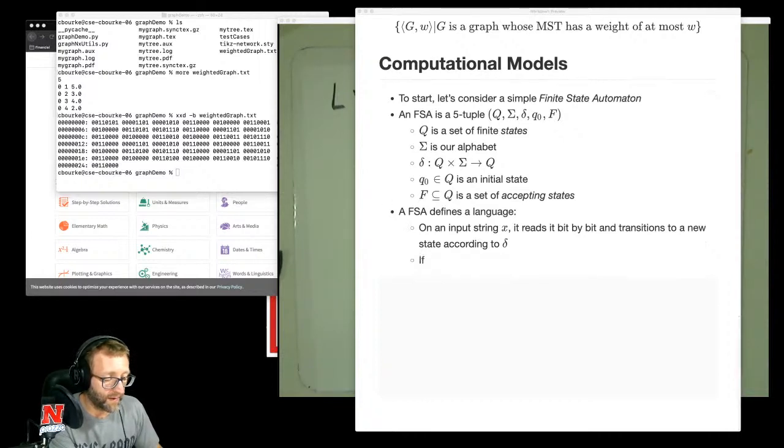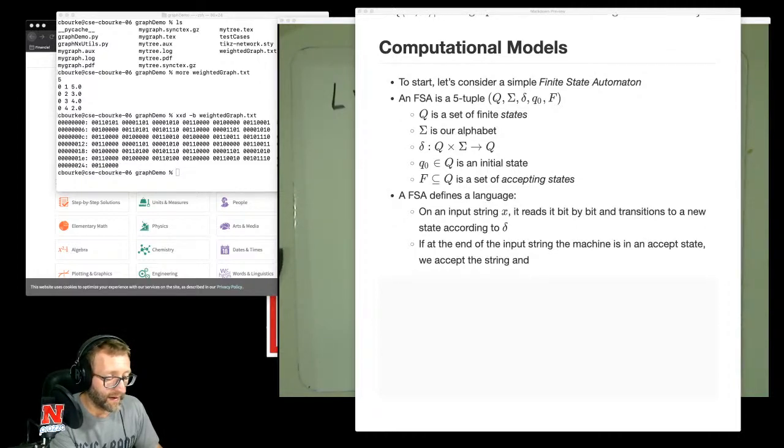If at the end of the input string the machine is in an accept state, we accept the string and say that x is in the language defined by the finite state automaton.